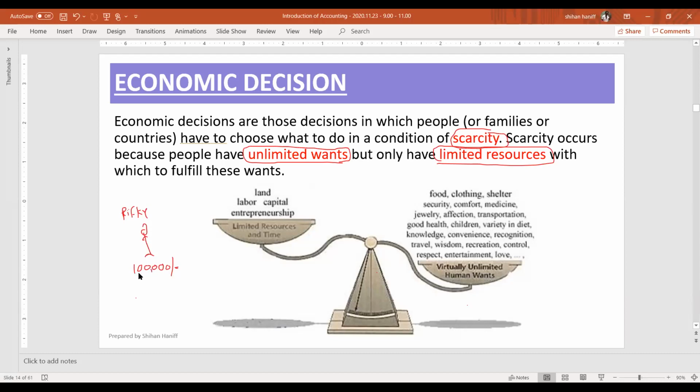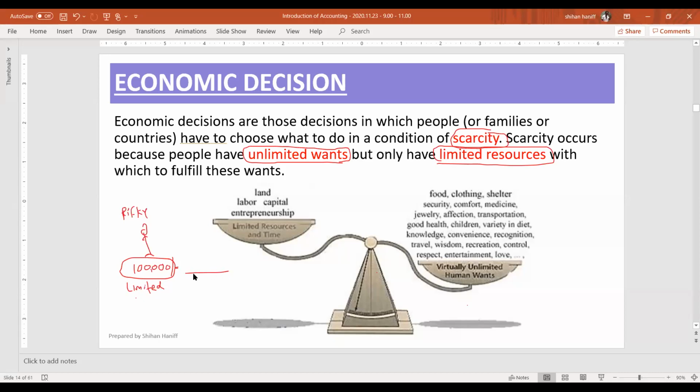I'm going to give 100,000 rupees if he speaks. By getting this 100,000, he can do so many things, right? 100,000 is a limited amount of money. Limited.